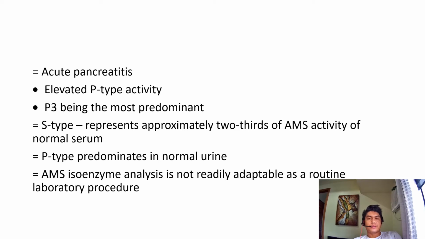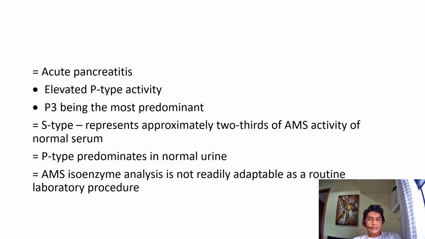So it is expected that if there's pancreatitis, the P-type level is elevated. And among the three pancreatic isoenzymes of amylase, it's the P3 that is predominant in cases of pancreatitis.